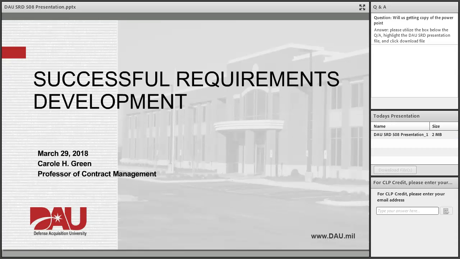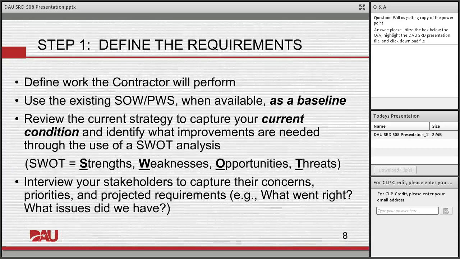We're going to step into how we define our requirement so that we can efficiently and effectively conduct a source selection. So with that, we'll move to the next chart, if I can figure out how to do that. I see it at the bottom. Okay.